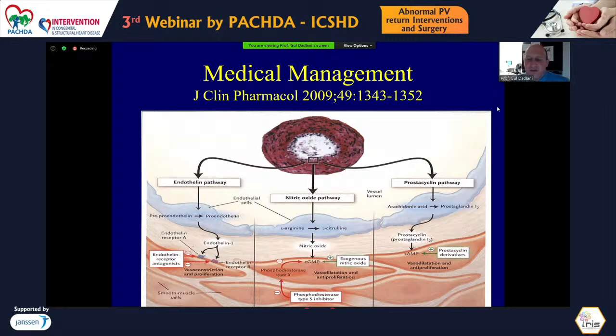There are three major pathways in the heart. Number one is our nitric oxide pathway, which will be your sildenafil or tadalafil that block the phosphodiesterase 5 inhibitors. You can also use endothelin. Endothelin is a protein in the lung bed that causes hyperplasia of the smooth muscle.